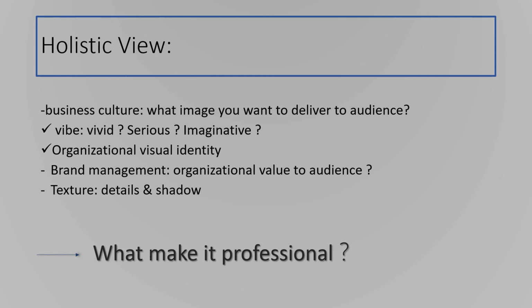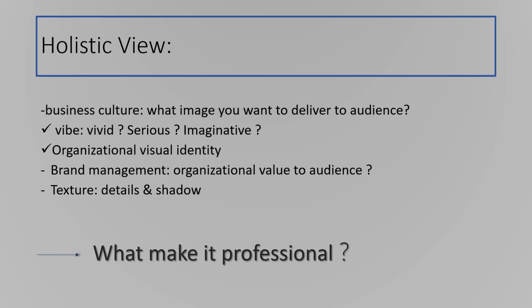Are we going to deliver the presentation in a very vivid way, or do you want to be more business-serious, or more imaginative? So how we organize the lights, the slides, all the colors and all the pictures is basically what kind of culture you want to deliver to the audience.